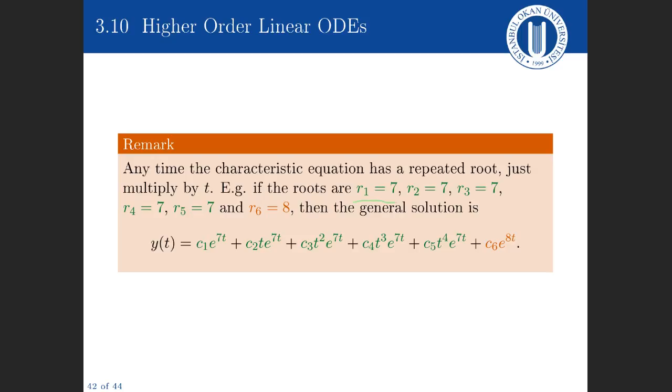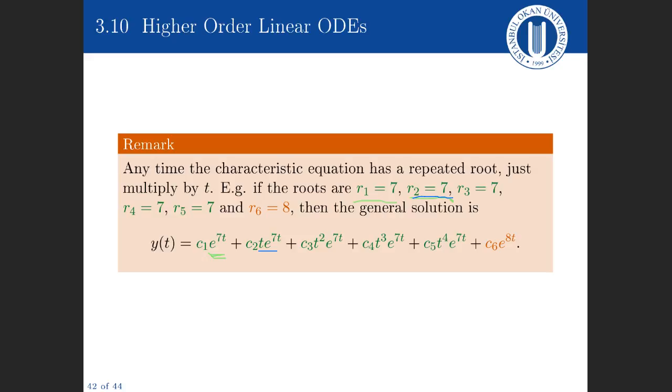From r1 equal to 7, we're going to have e to the power 7t. The second root is the same. The second root is also 7. So our second function is going to be t multiplied by e to the power 7t.